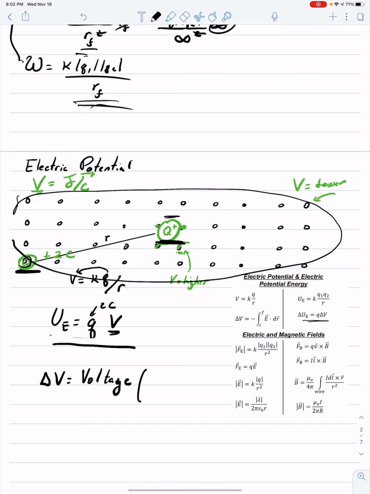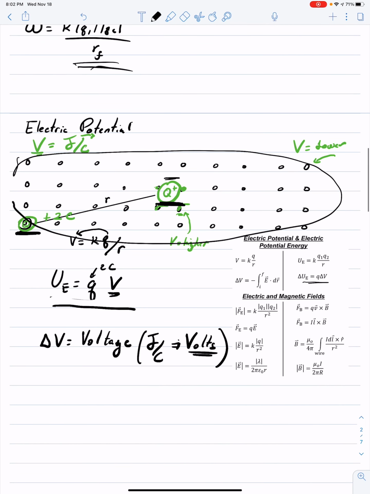They could have the same units, which is joules per coulomb. However, when we distinguish the difference between electric potential and voltage, that's when we say that this voltage is actually volts, or V. So you can understand the differences between those two.